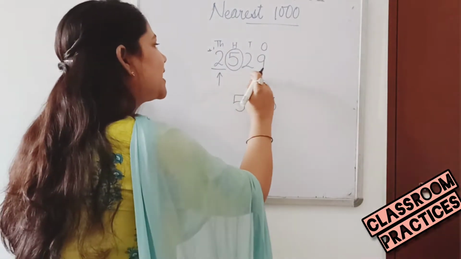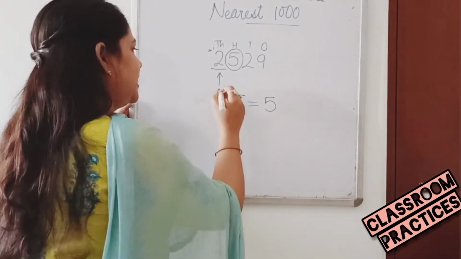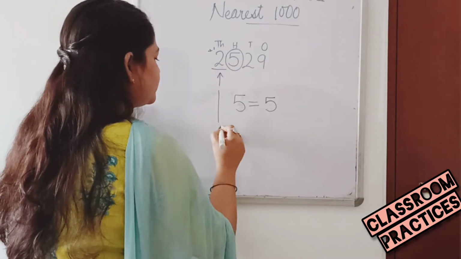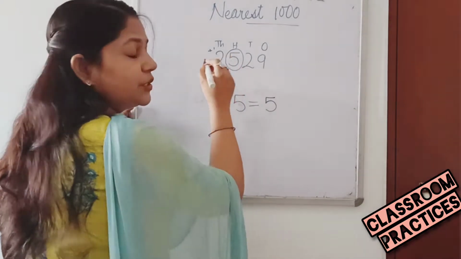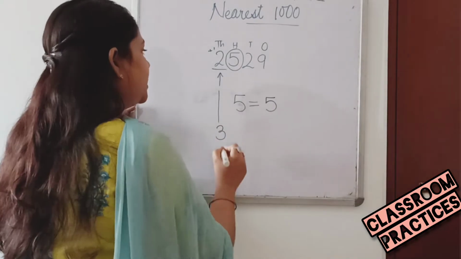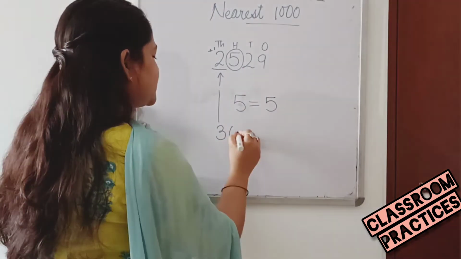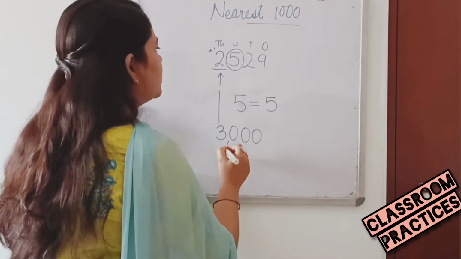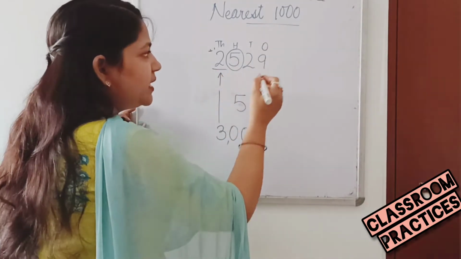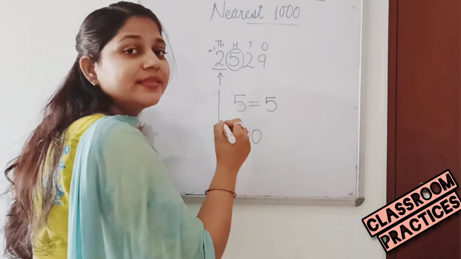Okay, and बाकी के जो next door वाले places हैं उनमें हम 0 0 लगा देंगे. So let's see how to do it. 2 will be increased by 1, so it will become 3, and बाकी के places में हम क्या लगाएंगे? 0. Yes. So the number 2529 will round off to 3000.